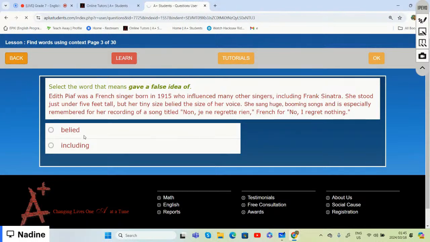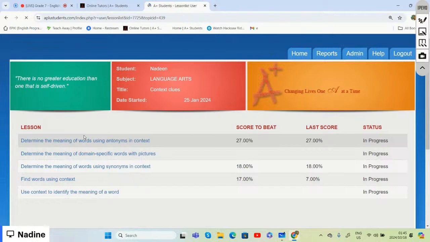All right. So this is now the end of our lesson on context clues. We will continue next time on using context to identify the meaning of a word. But we said context clues are where you find a word or a phrase, or words or phrases within a sentence, that basically means the same thing as a word that you are maybe unfamiliar with.